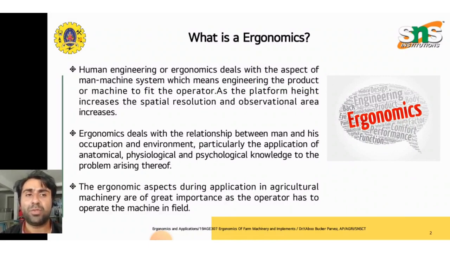Ergonomics deals with the relationship between the man, his occupation and environment, particularly his physiological and psychological knowledge, to the problems arising thereof. The ergonomic aspects during applications in agriculture machinery are of great importance between the operator and his ability to operate the machine in the field.